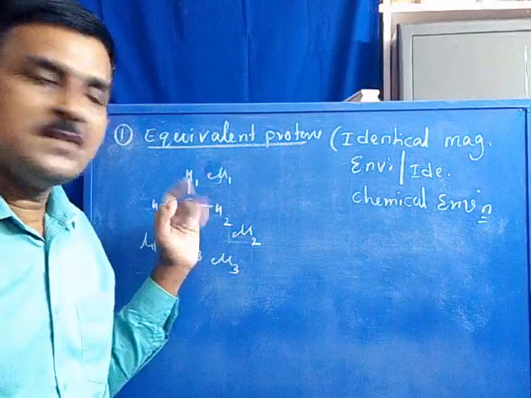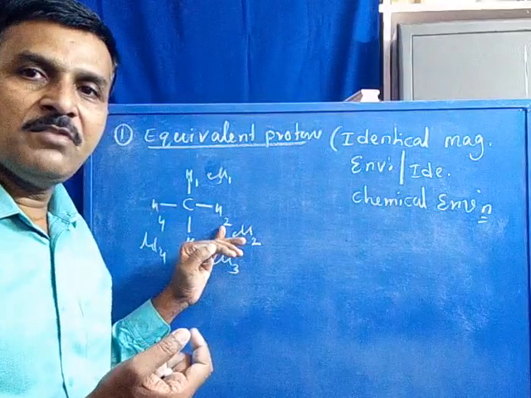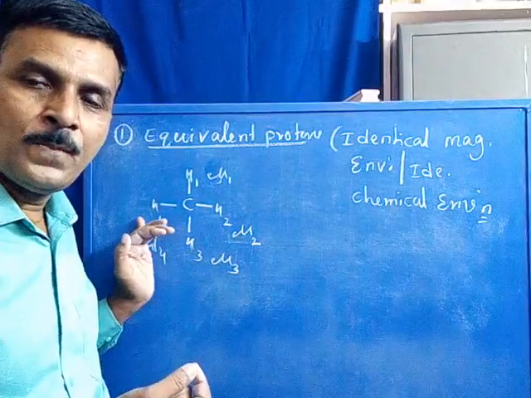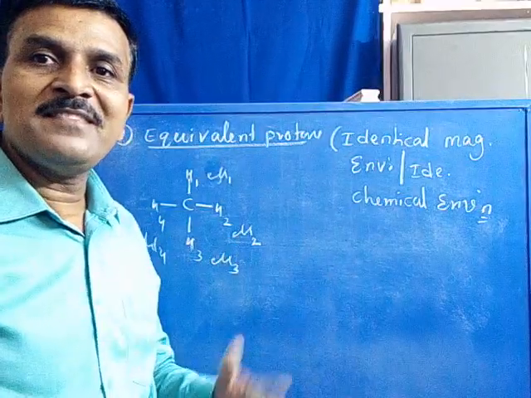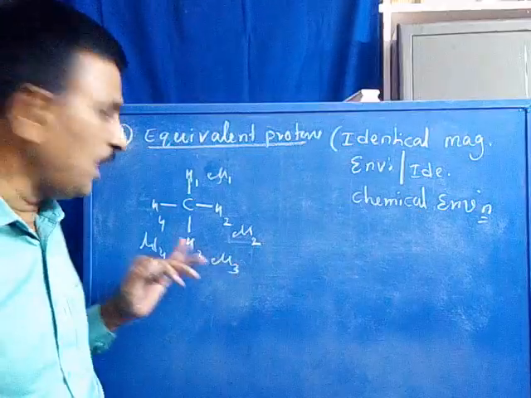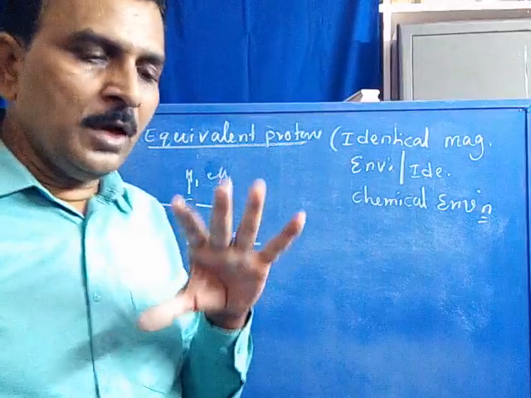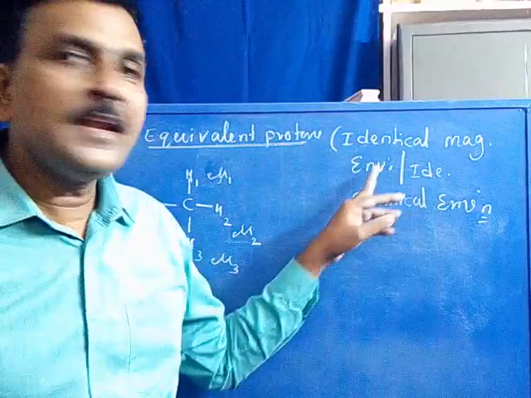The electron density associated with H1 is equal to that of H2, H3 and H4. Therefore, all protons generate the same extent of secondary magnetic field. Nu1 is equal to nu2, nu3 and nu4. Therefore, these 4 hydrogens belong to identical magnetic environment.